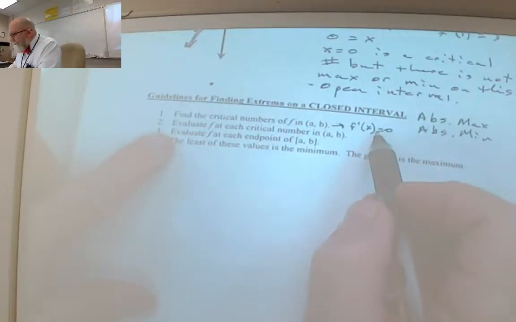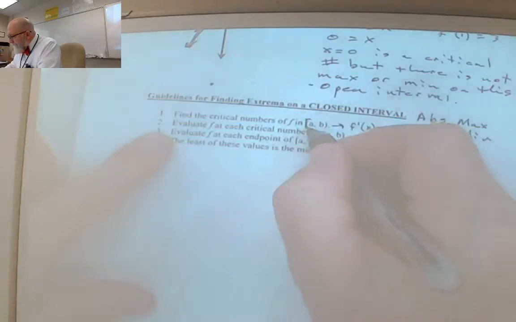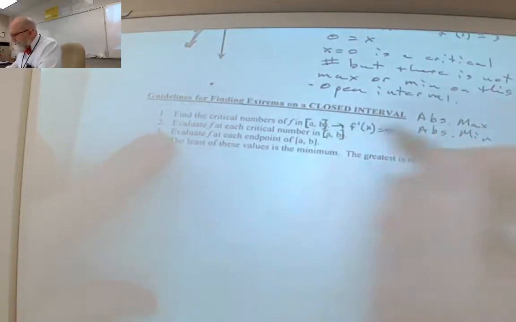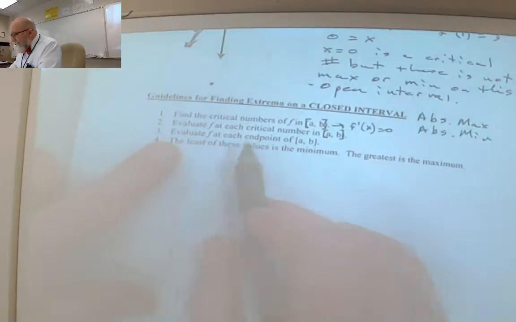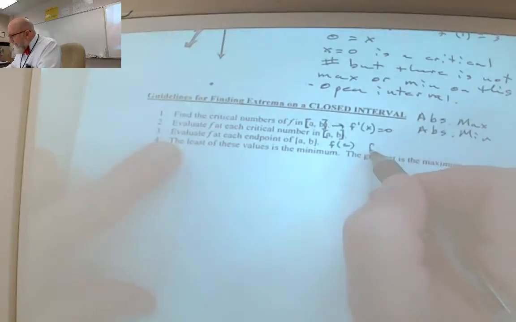Once you find those critical numbers, you plug them into f. Evaluate f at each endpoint. So figure out f of a. Figure out f of b.